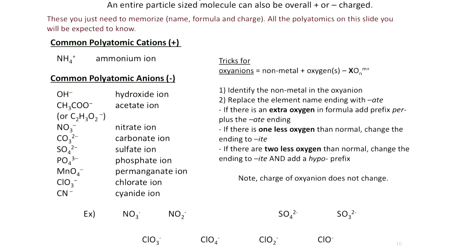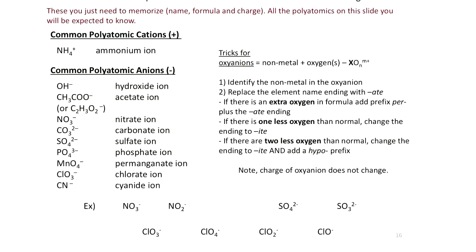There's some tricks to this, especially for these oxyanions where we have these oxygens attached to them. All right, so like we have nitrate, but then there's also nitrite, but they're related to one another by an oxygen. We can have sulfate, but also sulfite. We can have chlorate, chlorite, perchlorate, and hypochlorite, and it all has to do with oxygens.